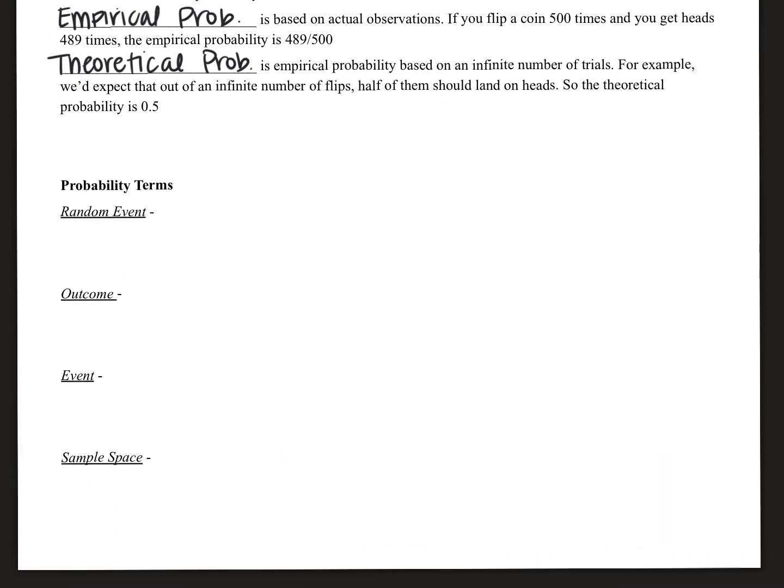So there are some important terms that you need to know when it comes to probability. The first one is a random event, which is an activity with a measurable result. So in the example we just looked at with the coin, our random event was flipping the coin.